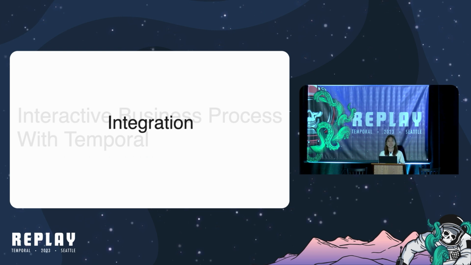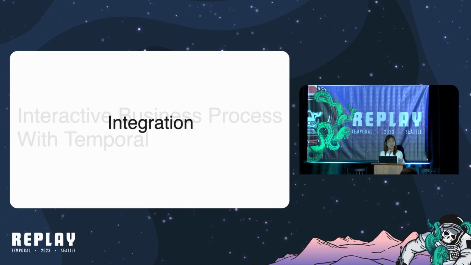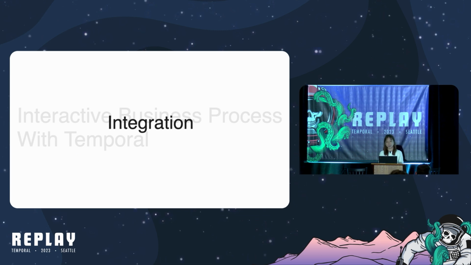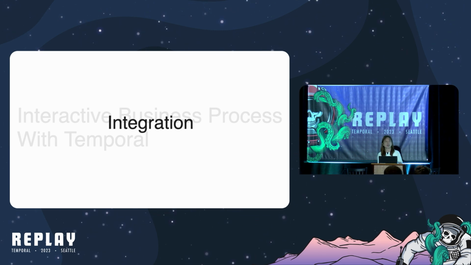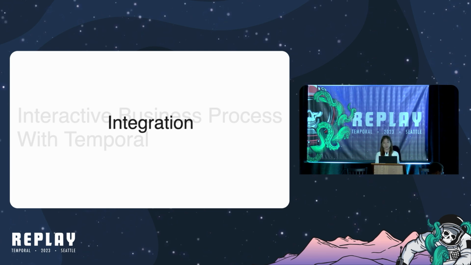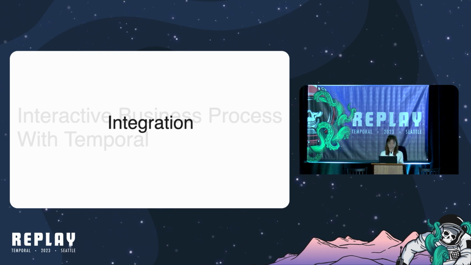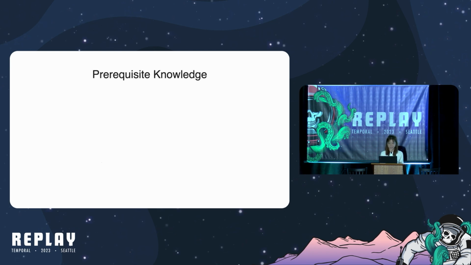The next keyword is integration. This means we will focus on how to combine the interaction with Temporal. We will not talk about business features that are not directly related to Temporal, and I will not explain the basic knowledge of Temporal either. I know you're all very familiar with it.